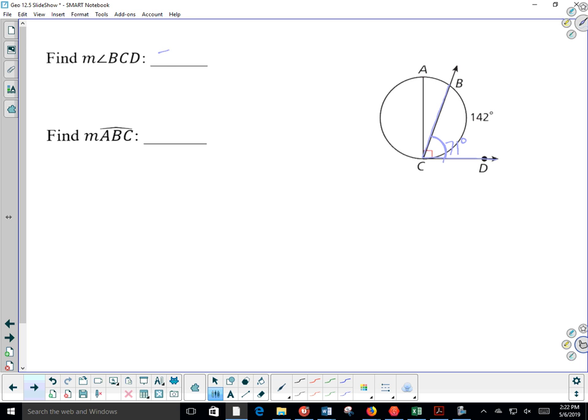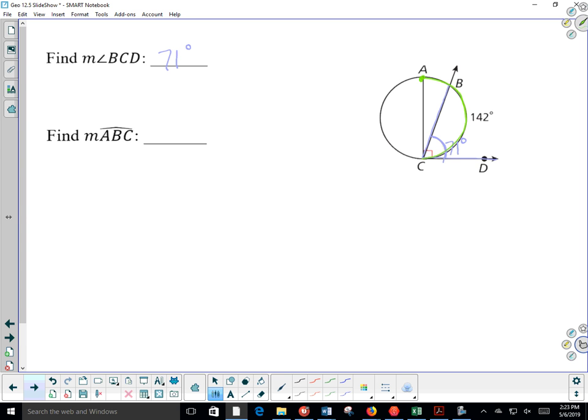And then we're trying to find the measure of arc ABC. That's this arc ABC here. So I think that arc ABC is a half circle. So we could say 180 minus 142, and I think that would leave us with 38 degrees.